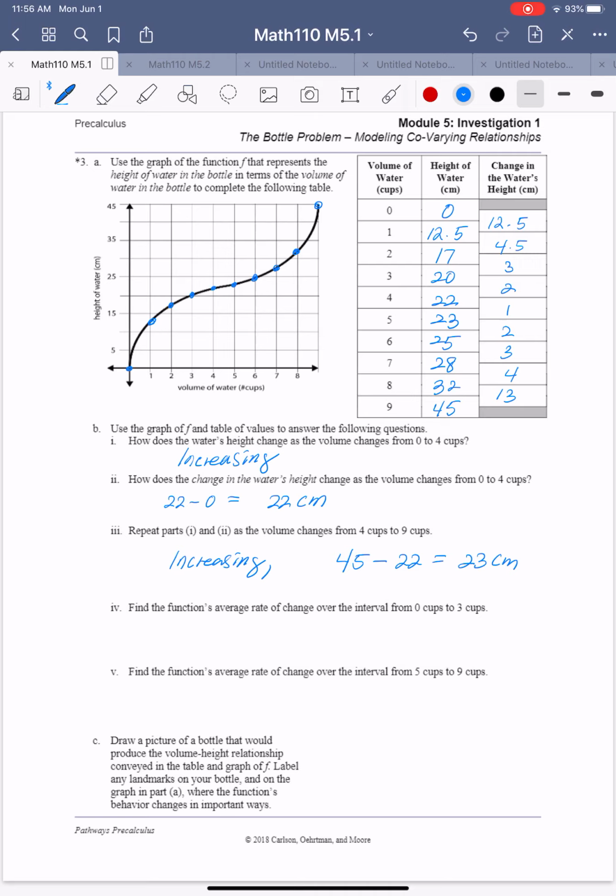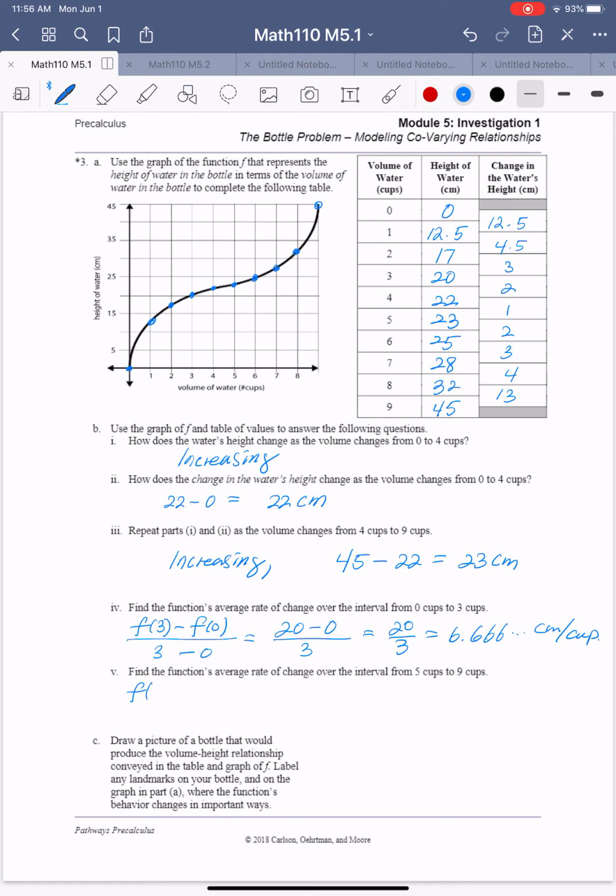Which means you have to find f of 3 minus f of 0 over 3 minus 0. f of 3 is 20, f of 0 is 0, over 3. It's about 20 over 3, which is 6.666 centimeters per cup.